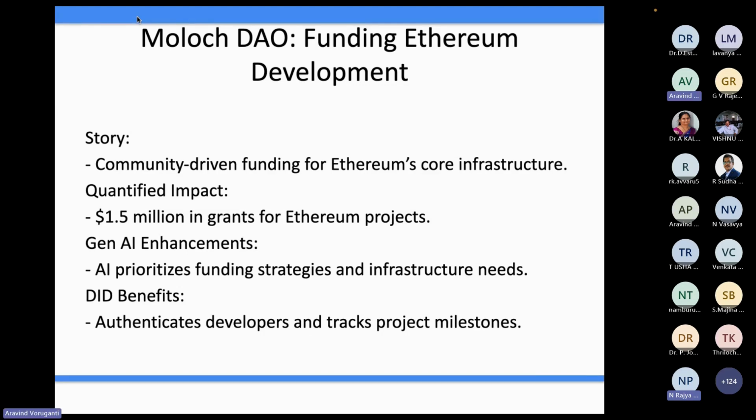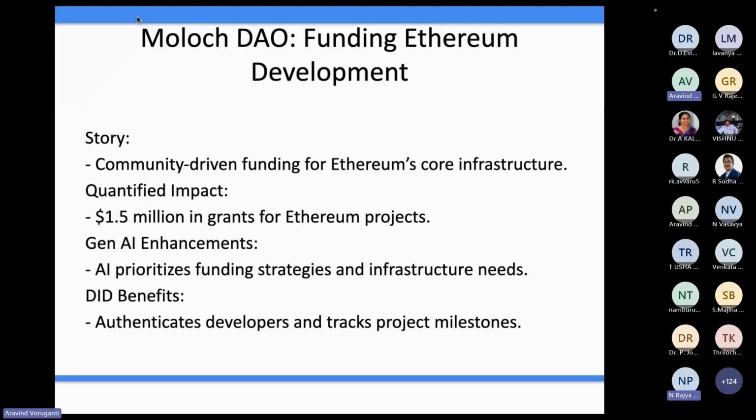Okay, so next let's look at Moloch DAO. Basically, this is a community-driven funding initiative for enhancing Ethereum's core infrastructure. So you all know Ethereum is the second largest public blockchain infrastructure, and it is mostly open source and community driven. And this is a very, very early DAO, which funded Ethereum development.